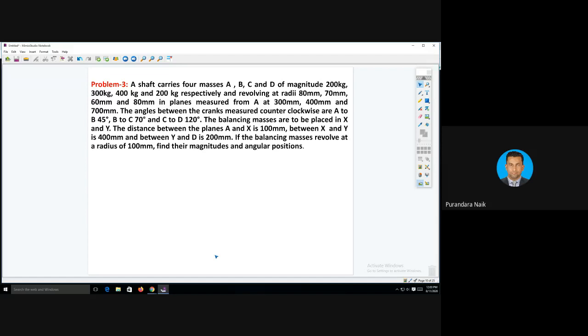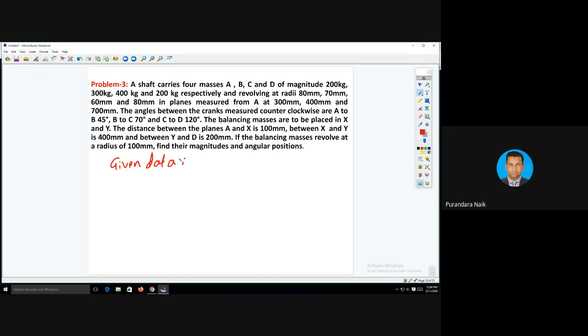Now let us write the given data of this problem. We have the masses A, B, C, D. Masses are given here.